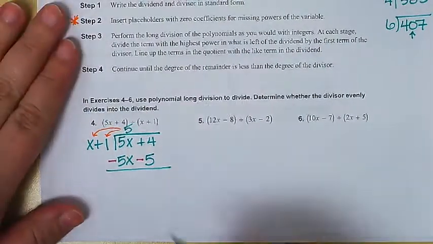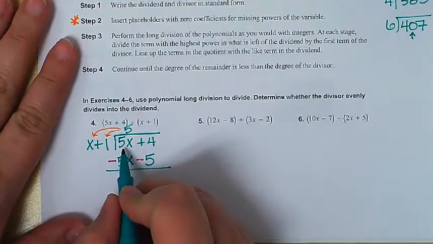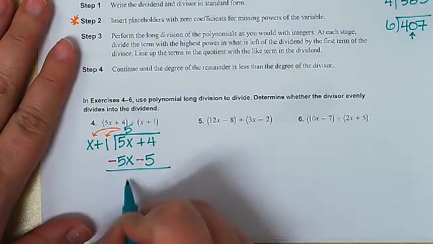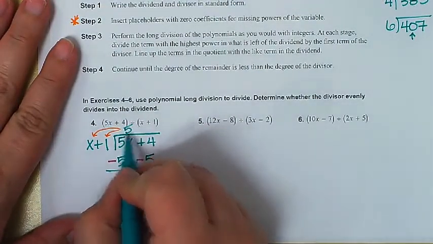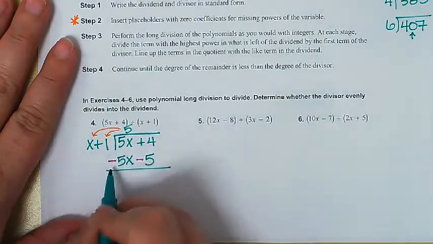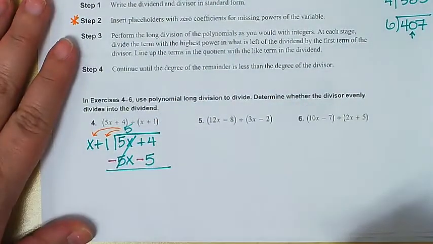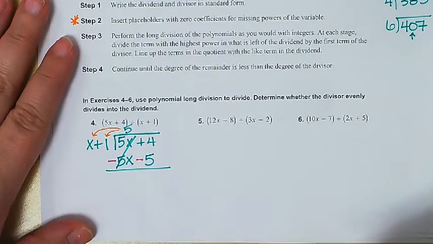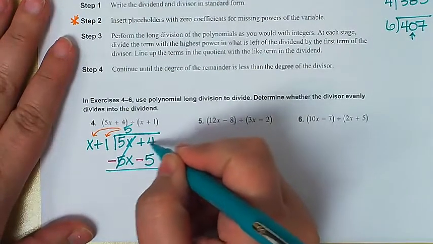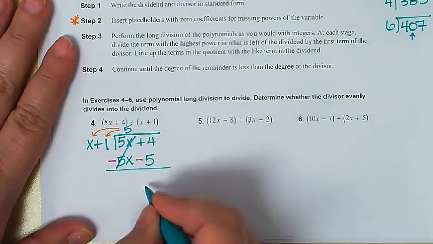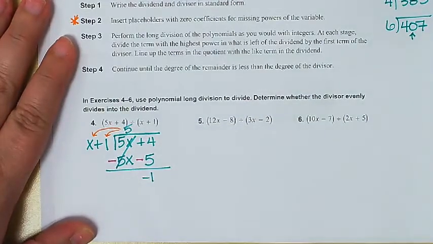Okay, and let's go ahead and combine straight down. So 5x minus 5x is 0. And like I said, if you did this correct, these two should be identical, and when you subtract, they really should always cancel. That's a really good sign, once again, that you did it correctly. Here, I'm going to get 4 and a negative 5. That's a negative 1. Okay.